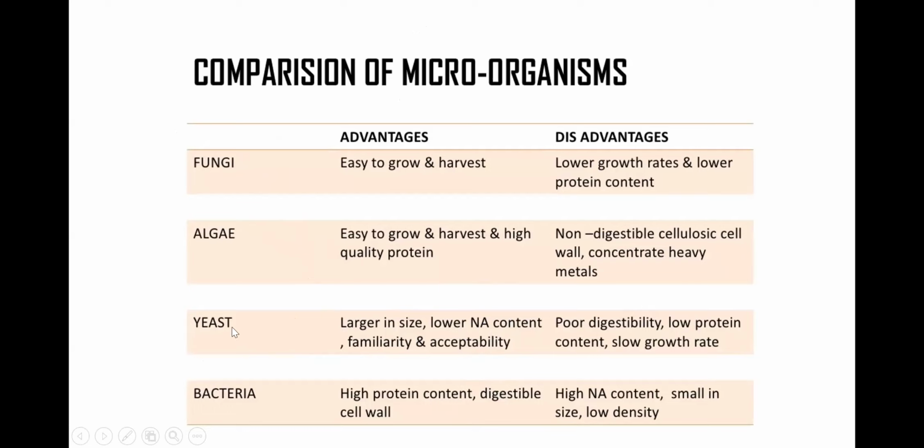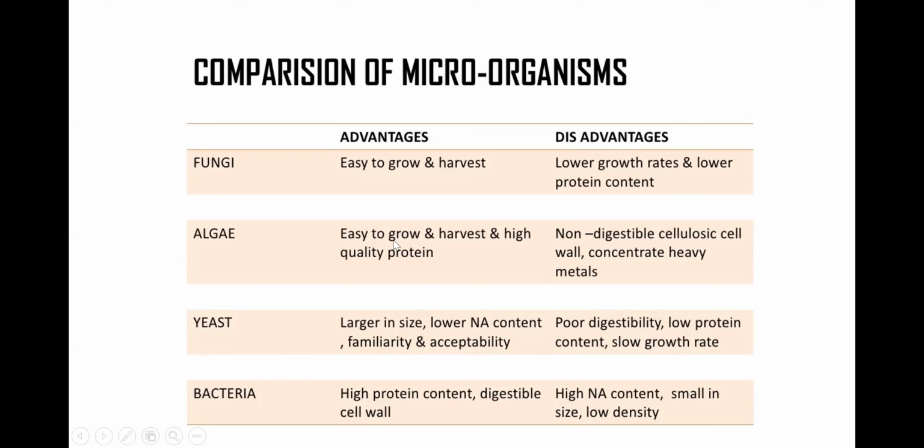And also, human beings and animals have been more familiar with yeast over many decades, as it has been used as a nutrition supplement in feed or as a health supplement. So the acceptability level is high. However, it can also cause some digestibility issues in certain consumers.